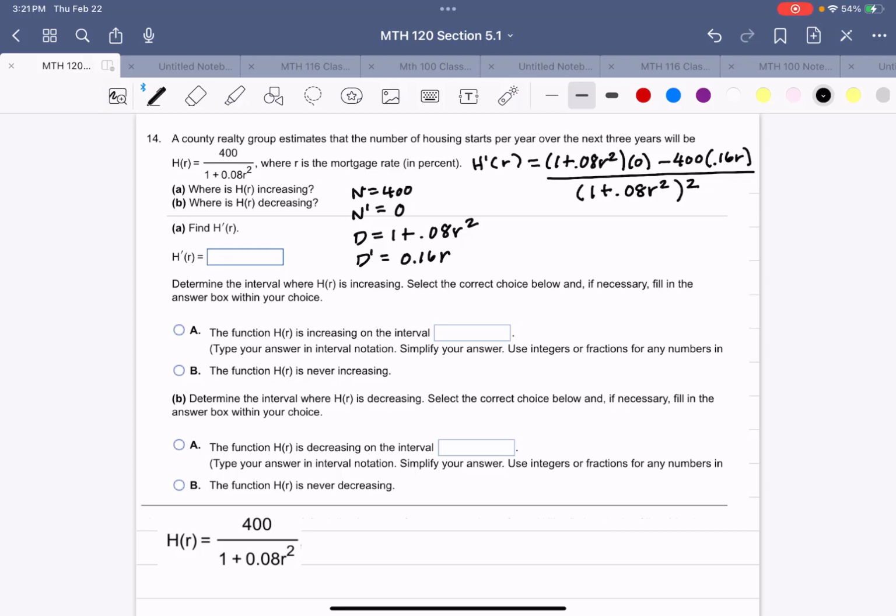Simplifying, all of this is going to be 0 because it's times 0. So I've got a negative 400 times 0.16. That's a negative 64r over 1 plus 0.08 r squared.